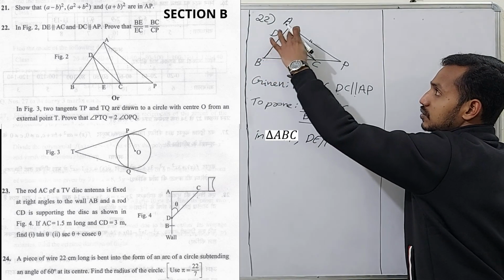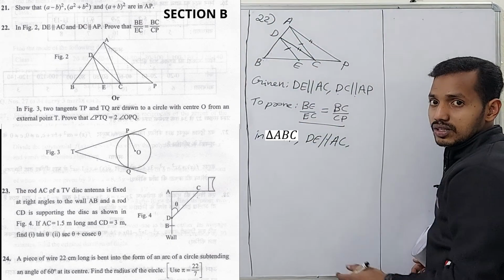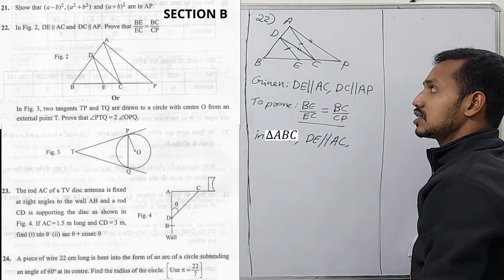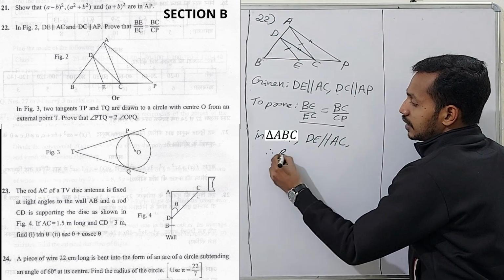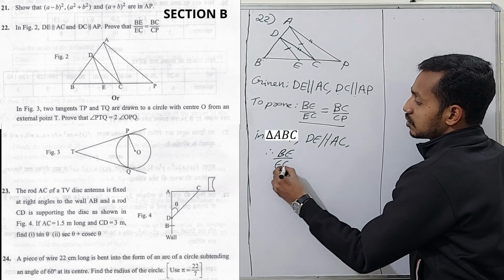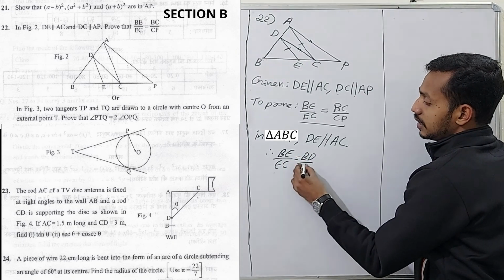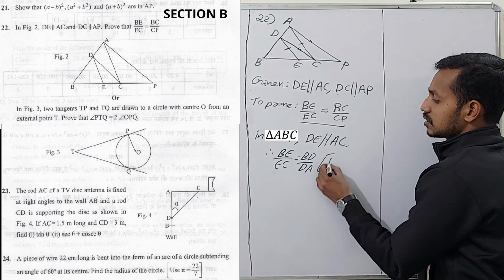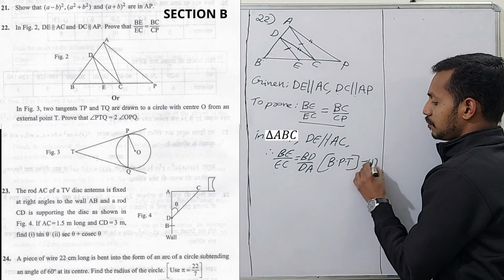If a line is parallel to the third side, then that line will divide the other 2 sides in the same ratio, according to the basic proportionality theorem or theorem 6.1. Therefore, BE by EC is equal to BD by DA, by using the basic proportionality theorem, equation number 1.